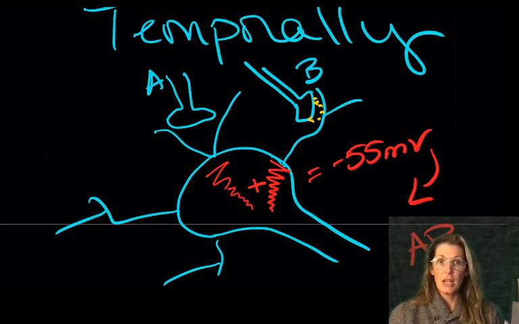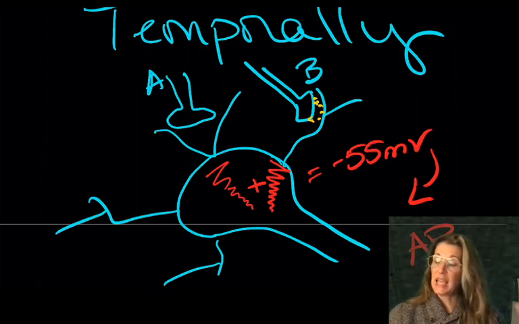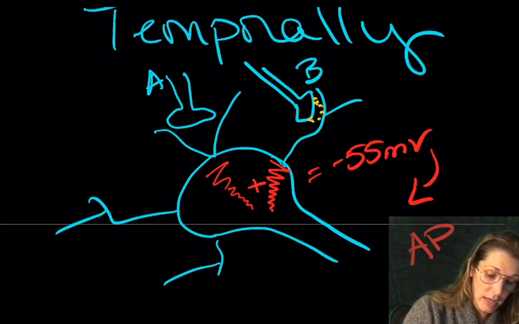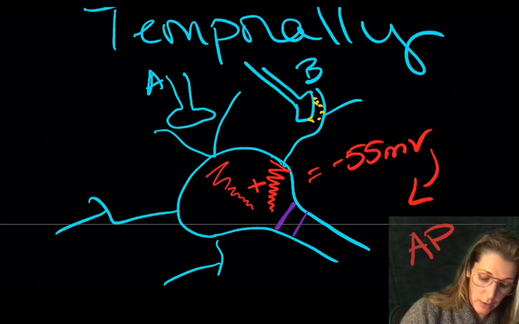So that's summation. That can also happen the same way with excitatory and inhibitory signals. So you might have an excitatory signal that's going to be strong enough to cause an action potential. It's going to reach negative 55 millivolts at the axon hillock. Remember, the axon hillock is this special spot right here.